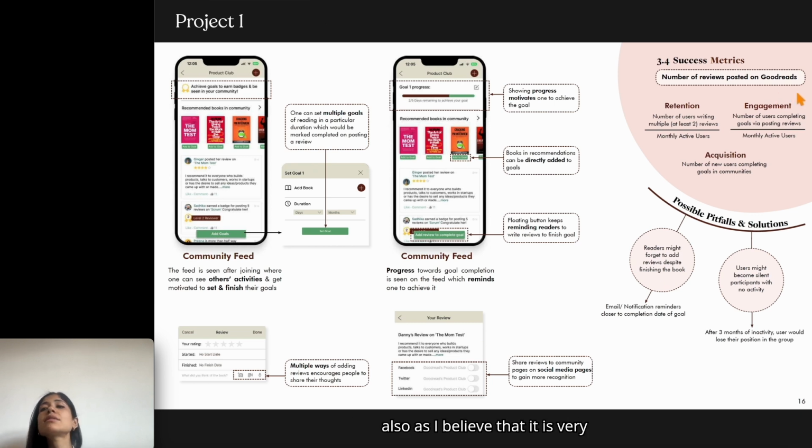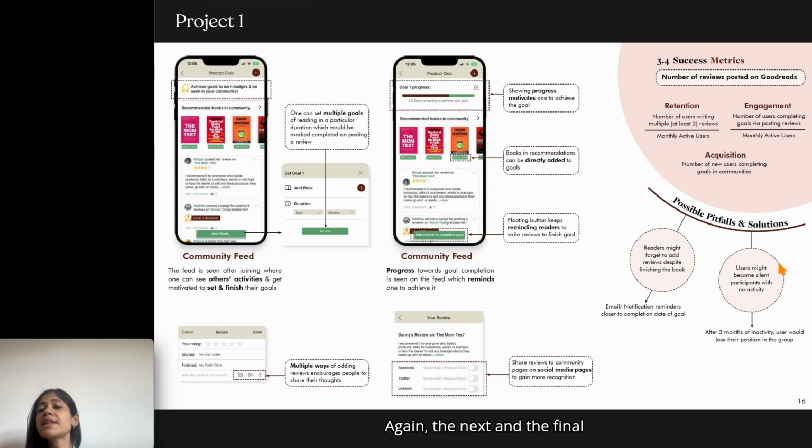And also, as a designer, I believe that it is very important to acknowledge how you are going to measure the success of your design solutions, and it shows your holistic thinking. So that is why I had put these metrics over here, and also the North Star metric.